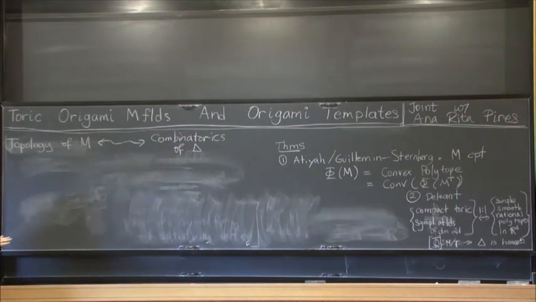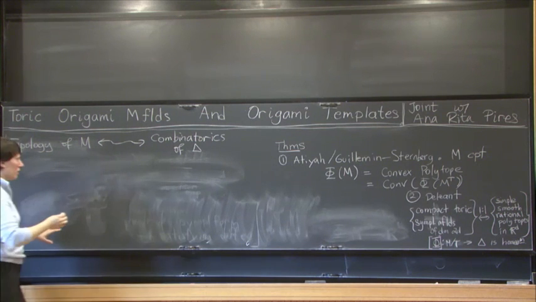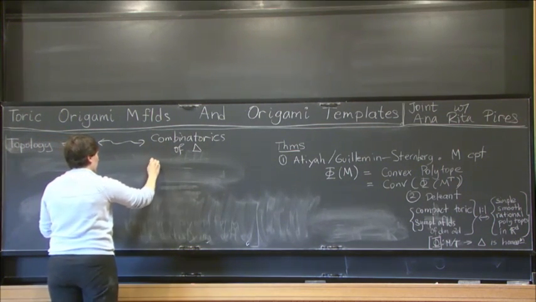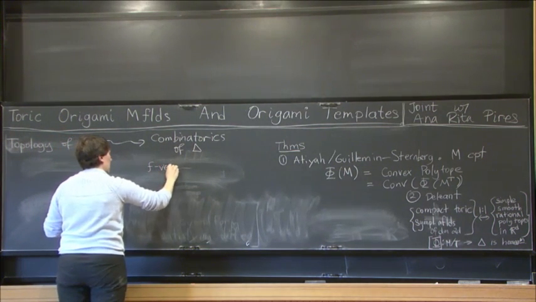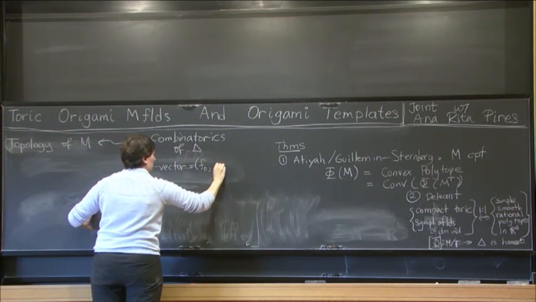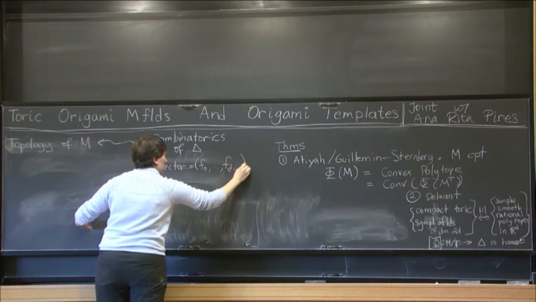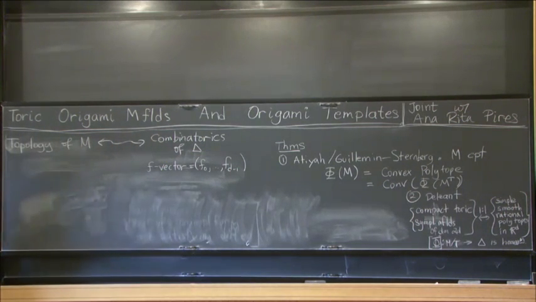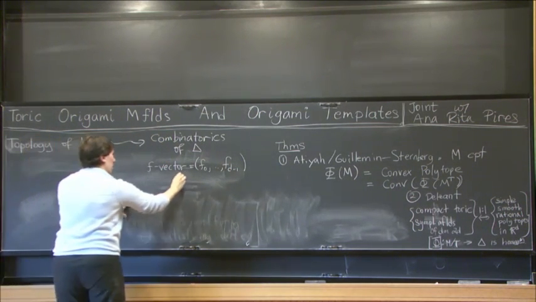There's a lot that you can do. So the first thing I said was that this delta is going to have an f vector, just the number of faces of each dimension.